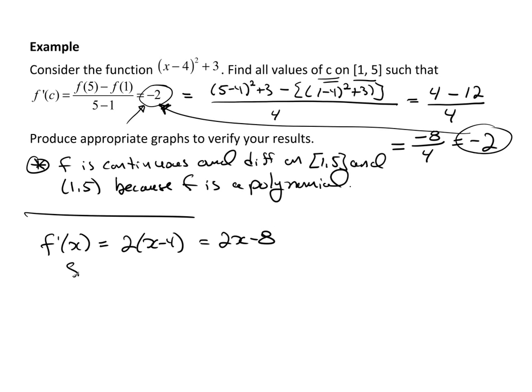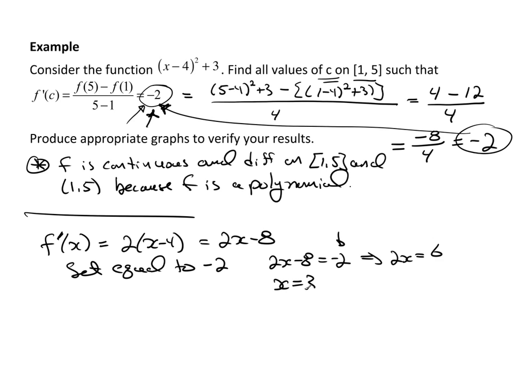So I need to set this equal to a negative 2. So I have 2x minus 8 equals negative 2. That's the slope that I'm trying to find the x value for, for the first derivative that will give me that slope. So that would then imply that 2x equals 6.